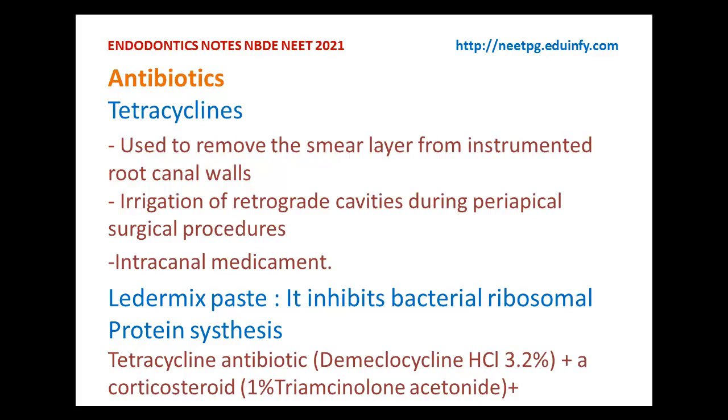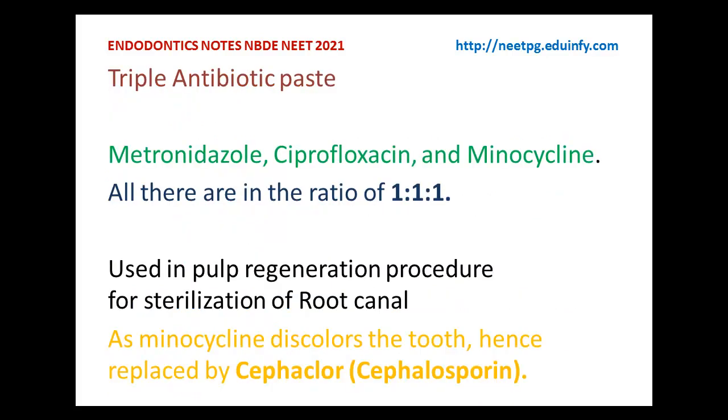Demeclocycline, its concentration is 3.2%, corticosteroid, that is 1% triamcinolone acetonide, and polyethylene glycol base is used. So this is Ledermix paste. Ledermix paste inhibits the bacterial ribosomal protein synthesis. That is why it is used.